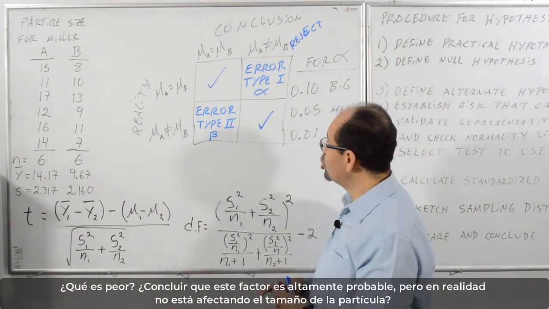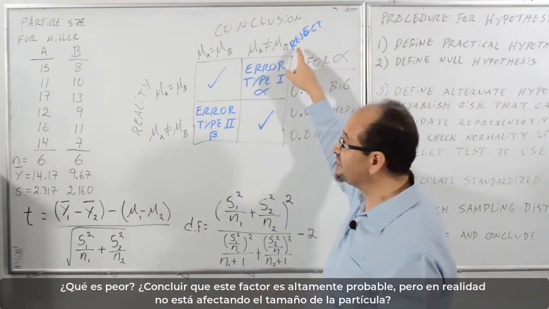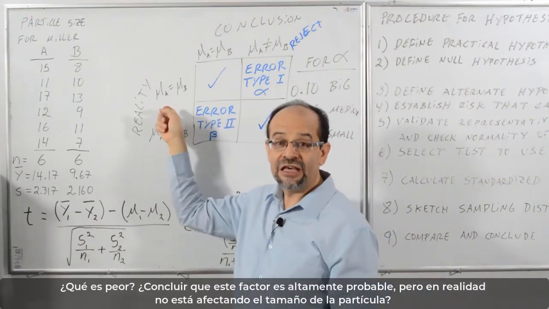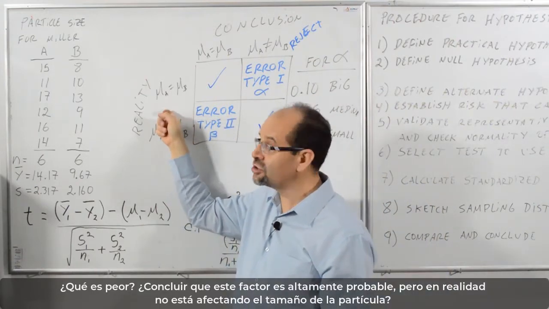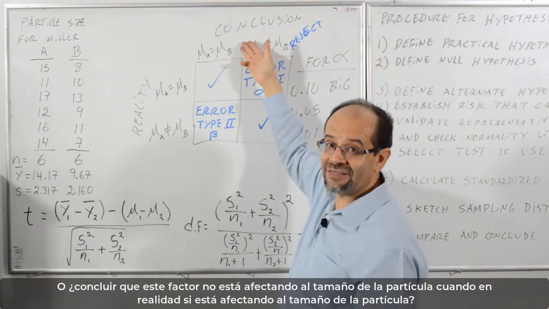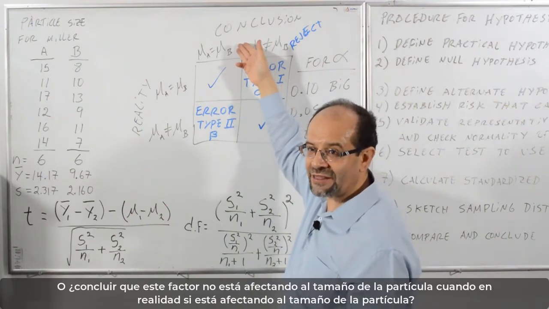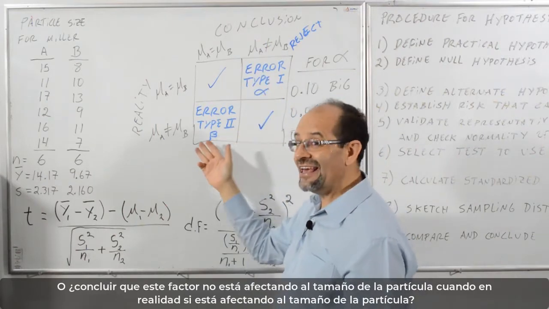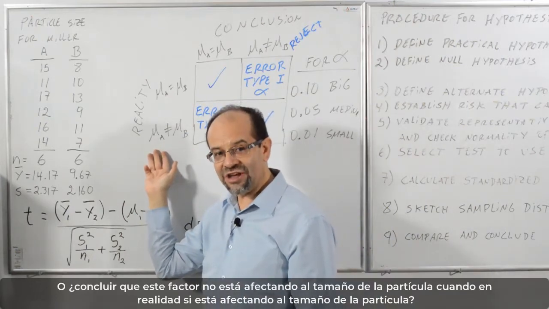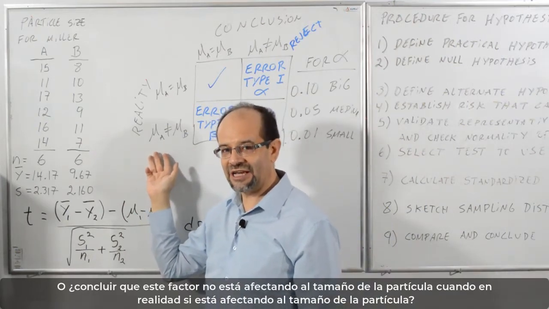What is worse, to conclude that this factor is highly likely when in reality it is not affecting particle size, or to conclude that this factor is not affecting particle size when in reality it is creating an effect on the particle size?